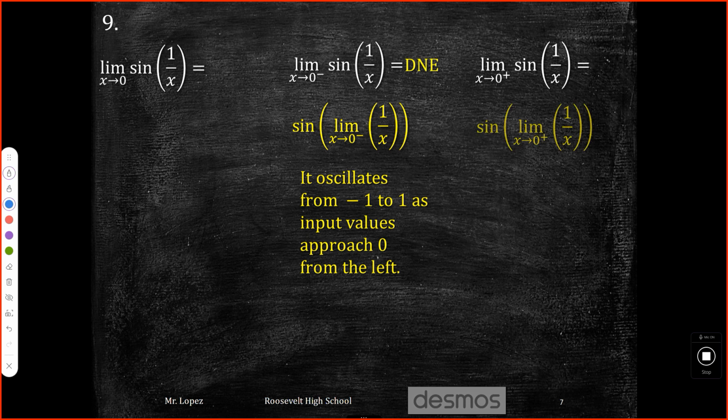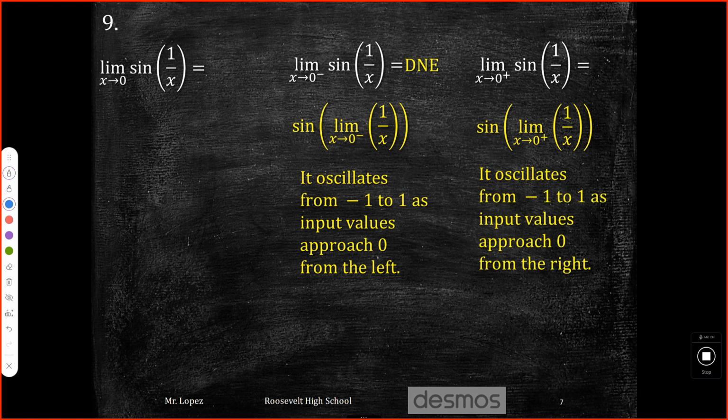The same thing will happen to this one. We apply the composite function rule, and the same idea applies: it oscillates between negative 1 and 1 as input values approach 0 from the right. And so this does not exist.